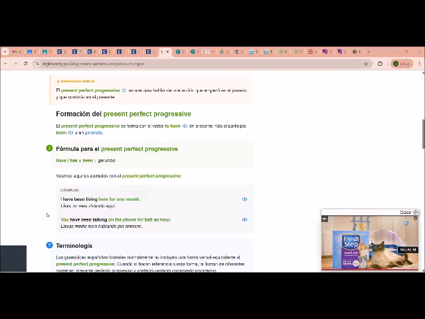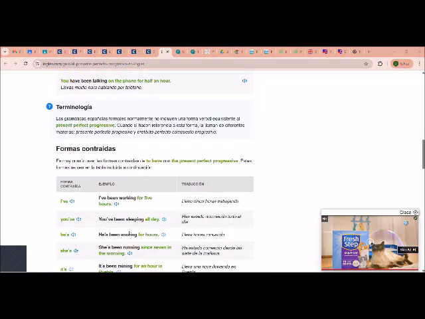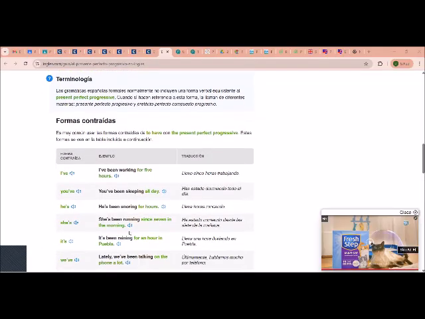Present perfect continuous, they're helping us to express experiences. Now, in general, you want to make sure that you're able to use the have and the has plus the been and the ing so that you can express experiences that started and continued from the past to the present.